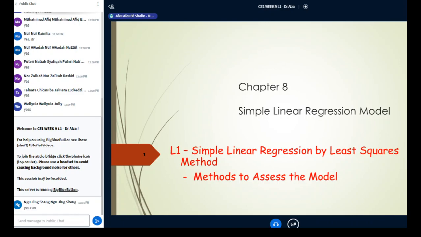So the linear regression model is about finding the relationship between two variables.